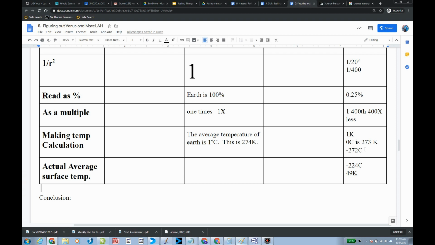Now, if you calculated 272 below zero and the answer is 224 below, there's still 49 degrees between them. The steps in Kelvin and Celsius are the same, just the zero point is different. For a high school simple calculation, that's not terribly off. That's 50 degrees.